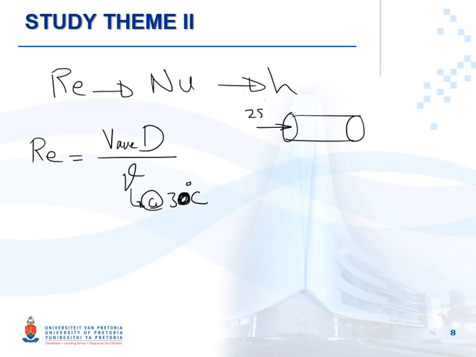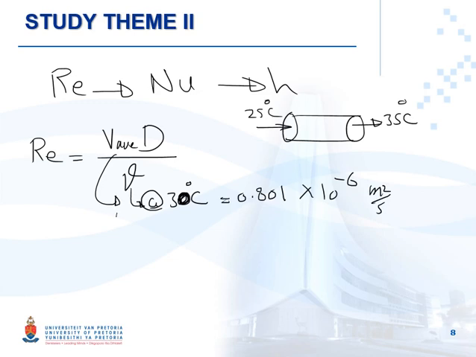Going in 25, going out 35. So if we go to the same table and read the property at 30 degrees, we have 0.801 times 10 to the power of -6. The velocity, we have it, 2 meters per second. Diameter, we have it, 0.03 meters. So Reynolds, we can find it is 74,906.